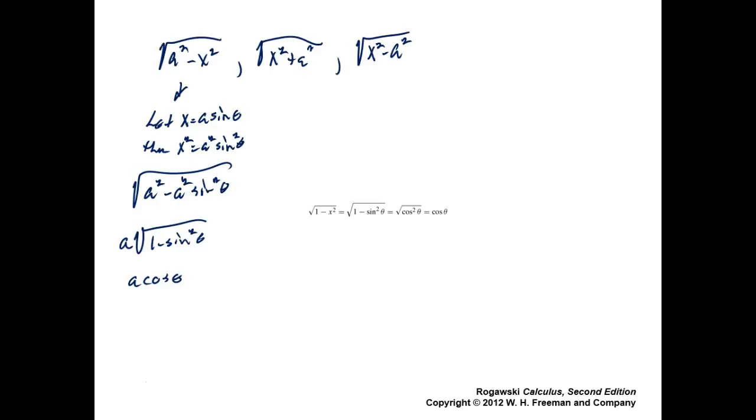Now, with one exception, you have to put some limits on this, because remember, sines and cosines are repeating functions. So let's keep sine theta so it's not backing up on itself anywhere.